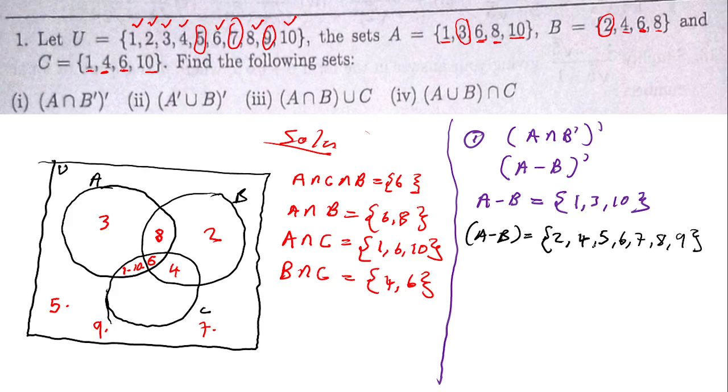The reason why 10 is not a member is because 10 is in A minus B. So this was the solution for the first one.